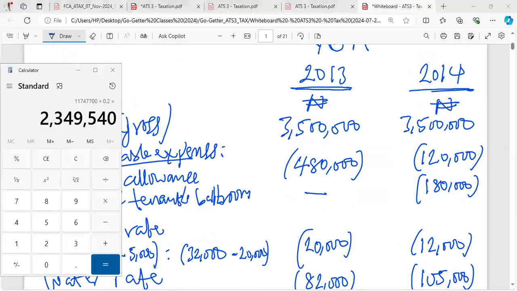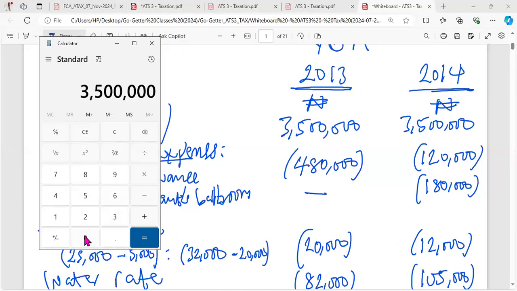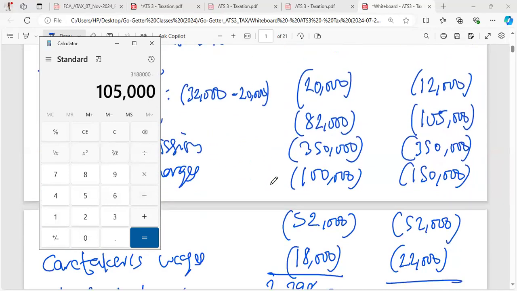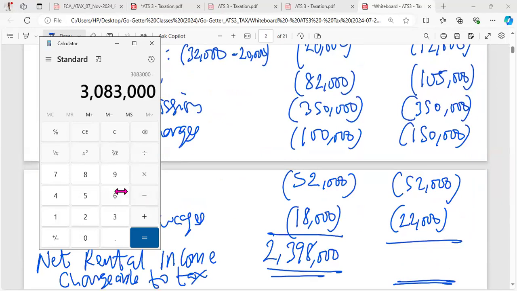Let's use a different calculator. We have 3,500,000 minus 120,000 minus 180,000 minus 12,000 minus 105,000 minus 350,000 minus 150,000 minus 52,000 minus 22,000.